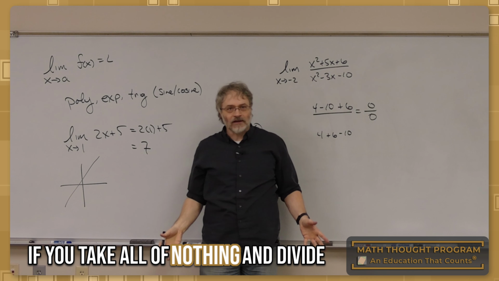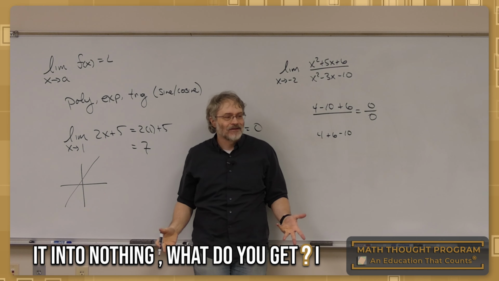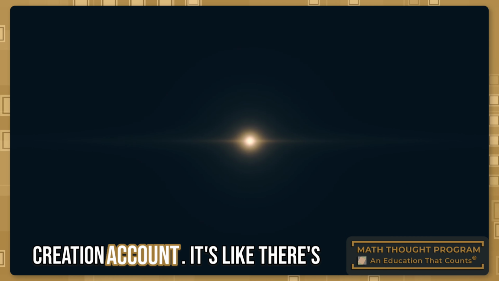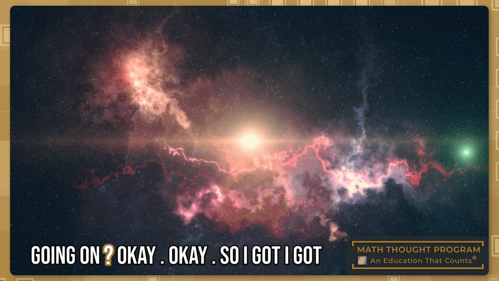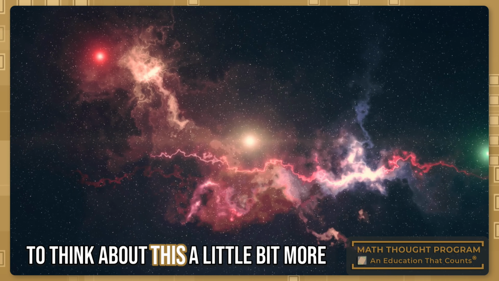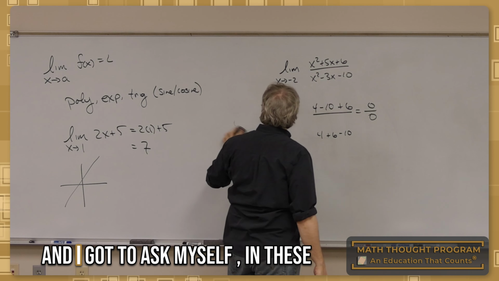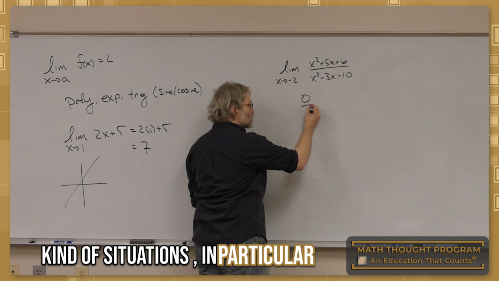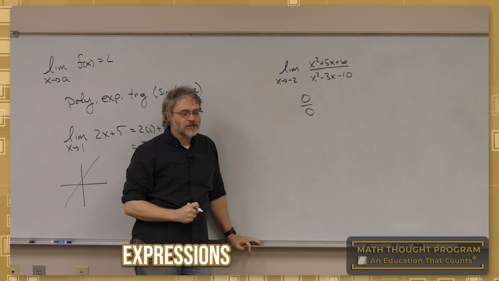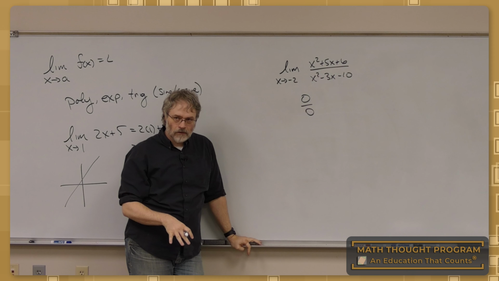If you take all of nothing and you divide it into nothing, what do you get? It's kind of like a creation account. There's nothing to begin with, and then something, nothing, it blows your mind. You're like, what's going on? So I got to think about this a little bit more, and I got to ask myself, in these kinds of situations, in particular whenever I'm working with rational expressions, I got 0/0.